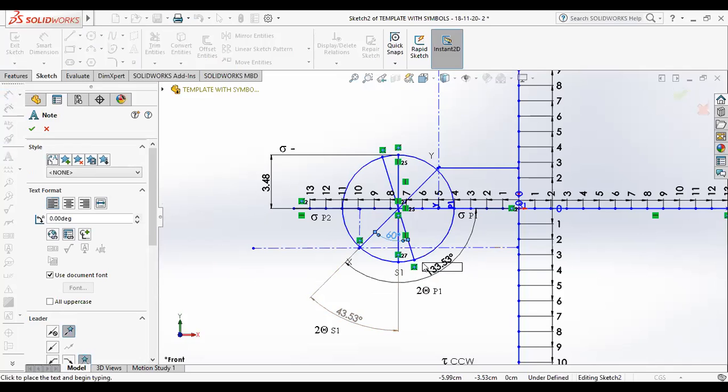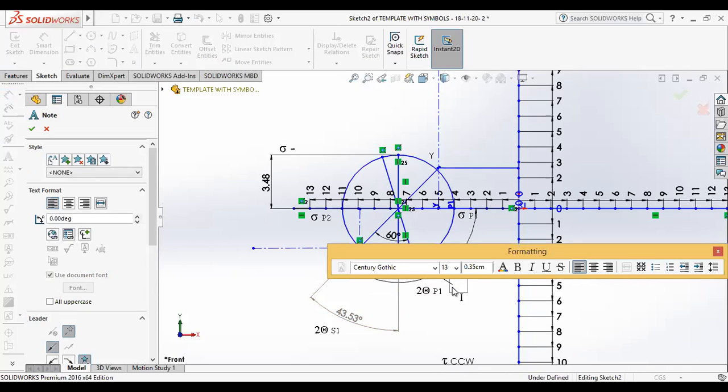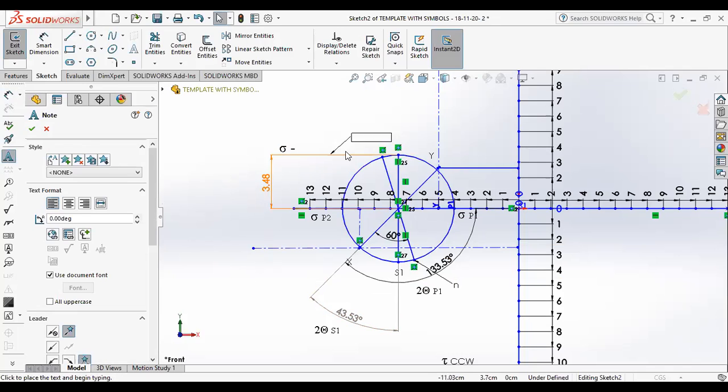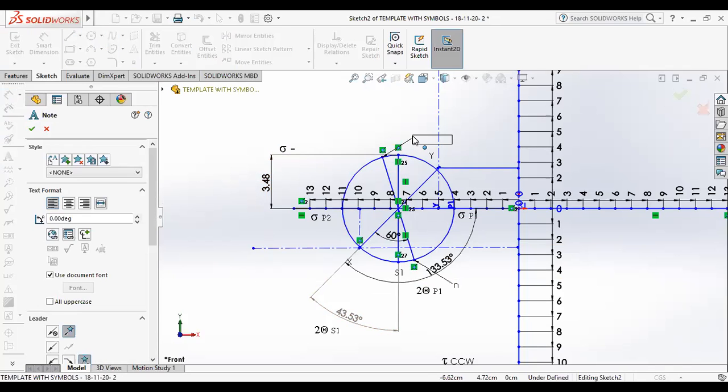This I will indicate as your n point, normal point, n. This will be your tangential.